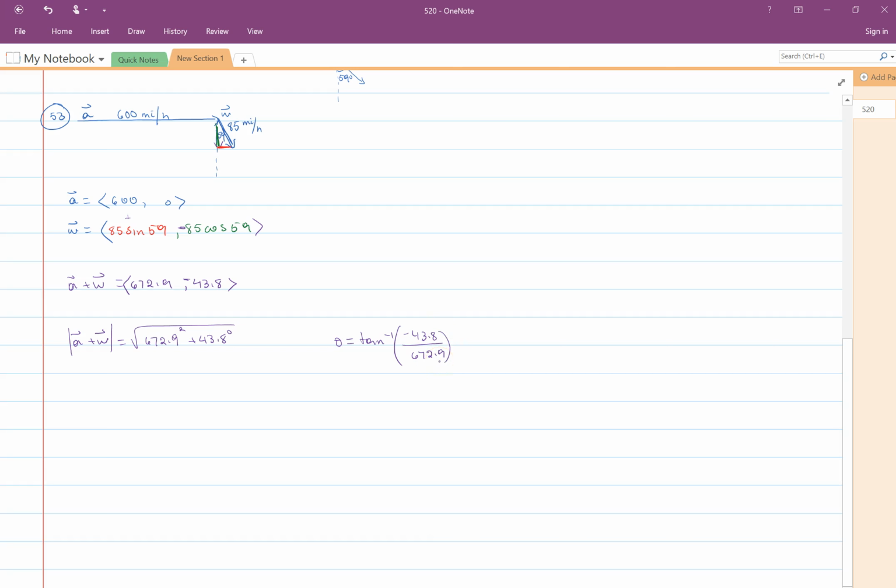Okay? Your resultant vector is pointing towards quadrant 4. So make sure that your angle value is an angle value for quadrant 4, so somewhere between 270 and 360. I know it's not relevant for the magnitude because you're squaring it. The 43.8 is negative, I know. I just left it out because of that.